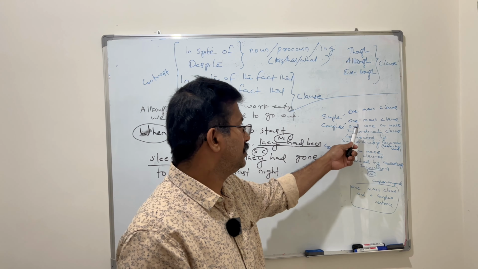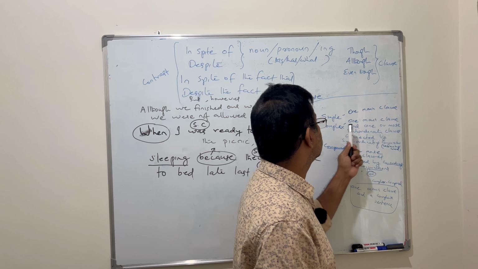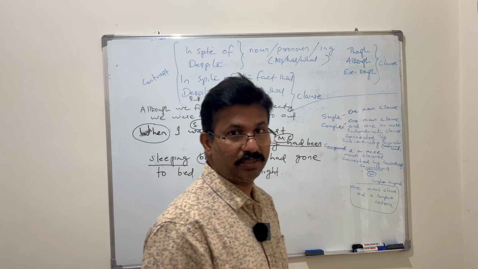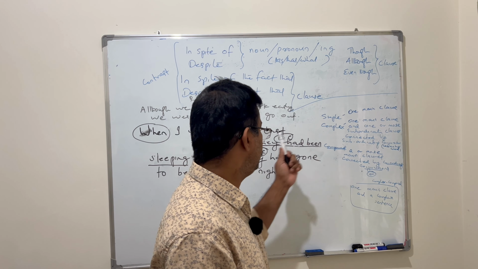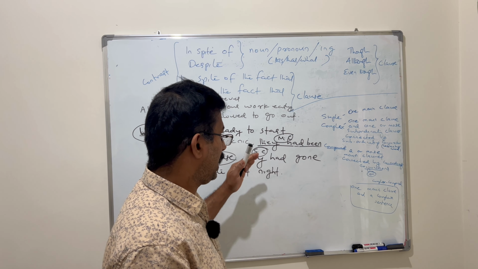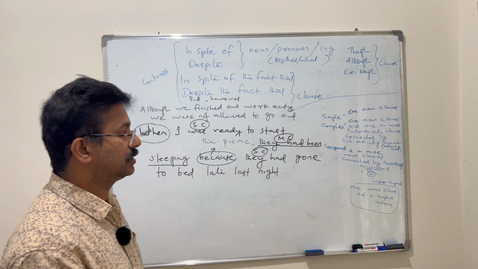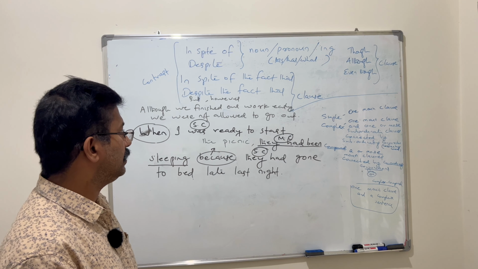A complex sentence can consist of one main clause and more than one subordinate clause. I have told you that it can be one or more subordinate clauses. So this definition shows us that a complex sentence can consist of just one main clause and more than one subordinate clause connected by subordinating conjunctions. All right.